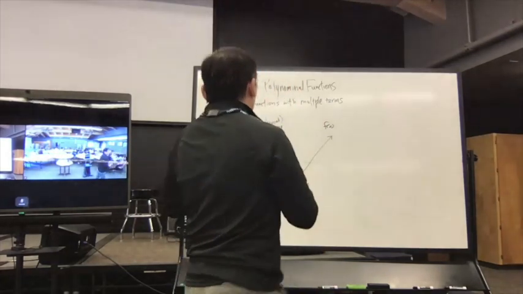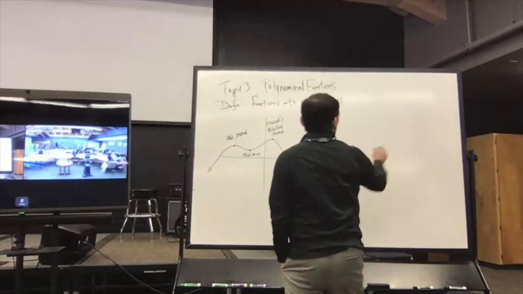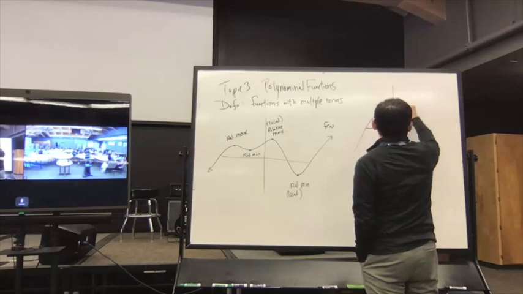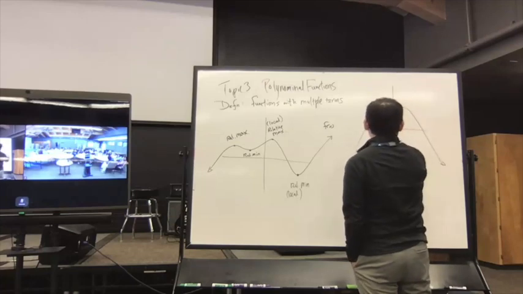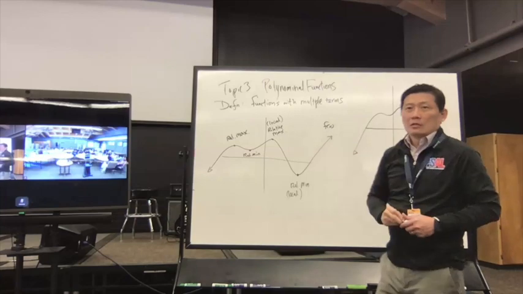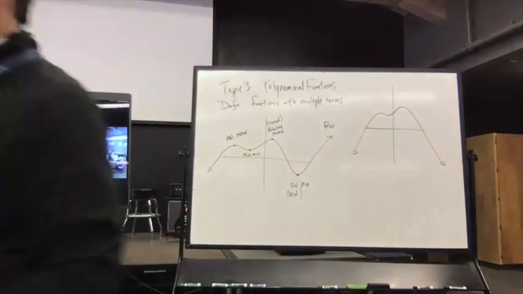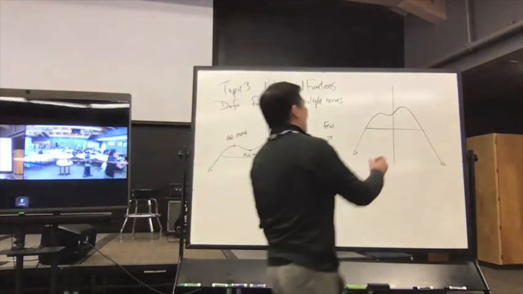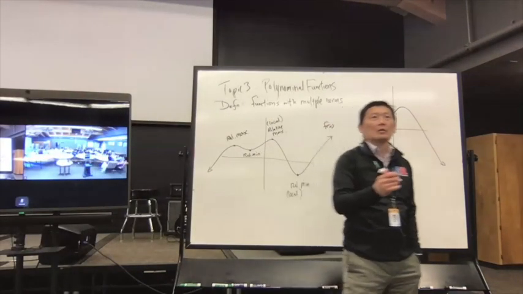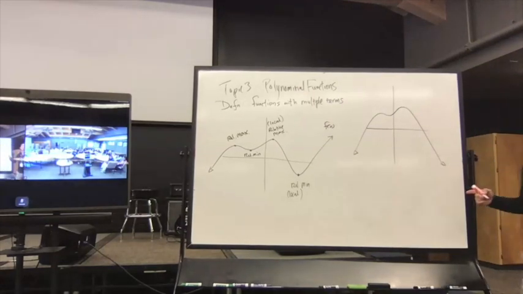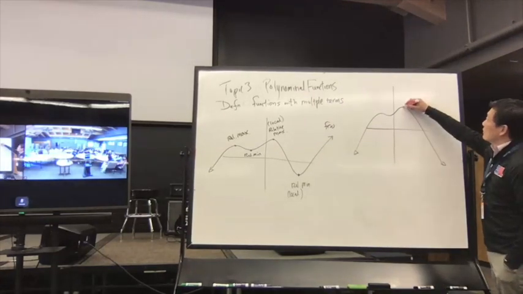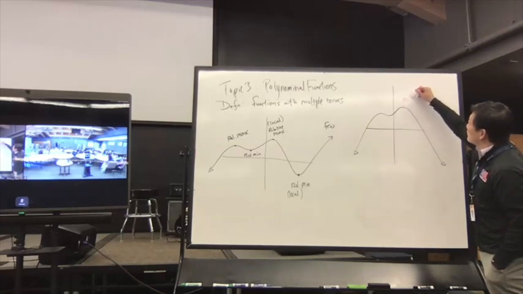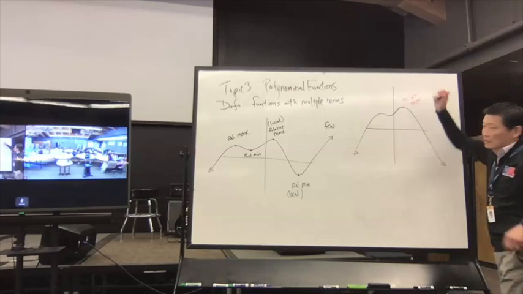Now, in a case when you have, for example, another graph, say it goes like this. Tell me what it has. It has an absolute max where? This peak. So this one will have an absolute maximum point.